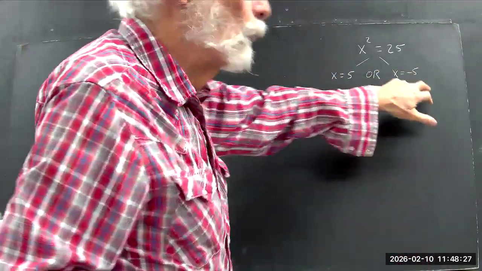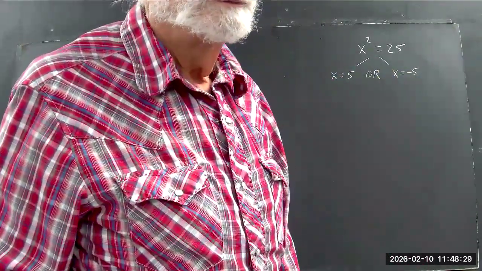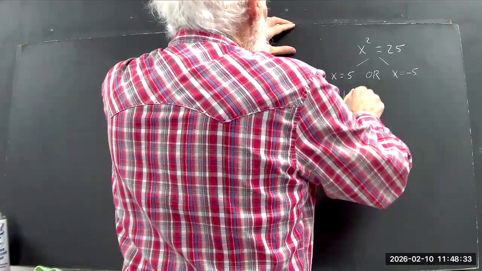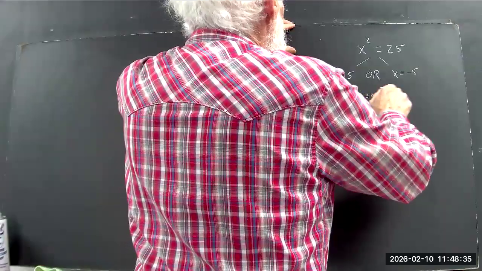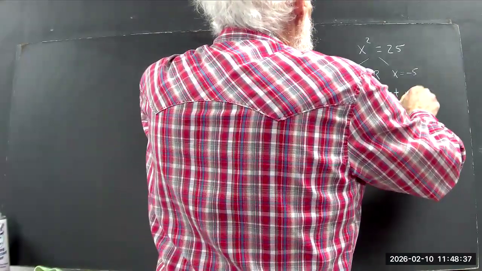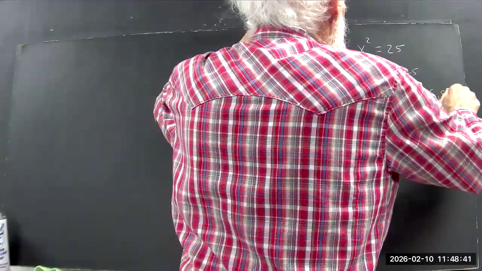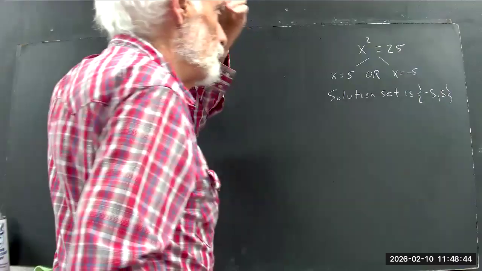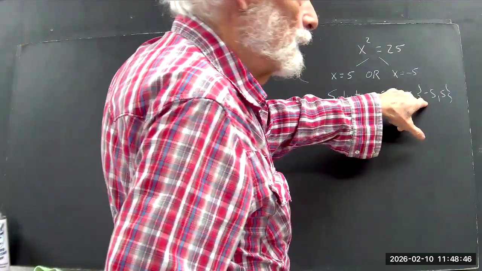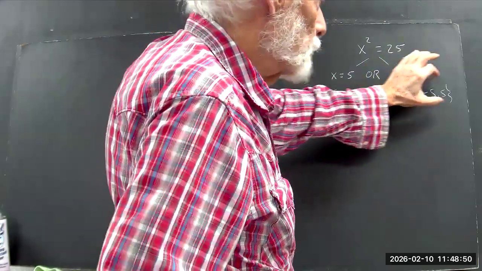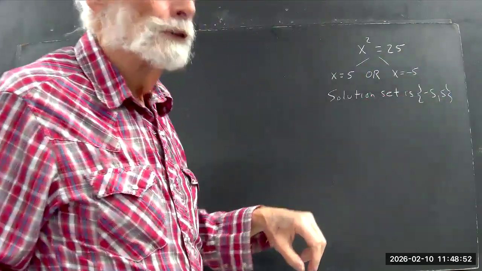X can be 5 or X can be -5. Solution set is a set of numbers that include -5 and 5. We use these braces to indicate sets.